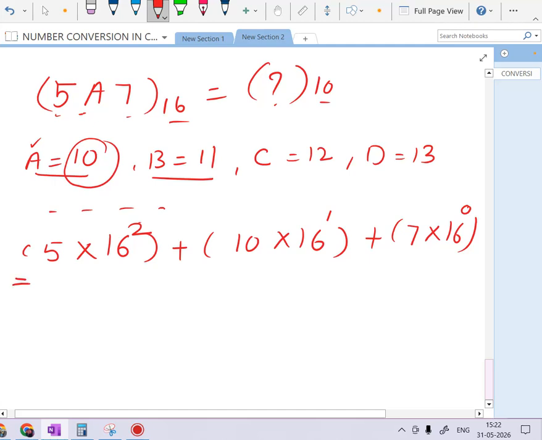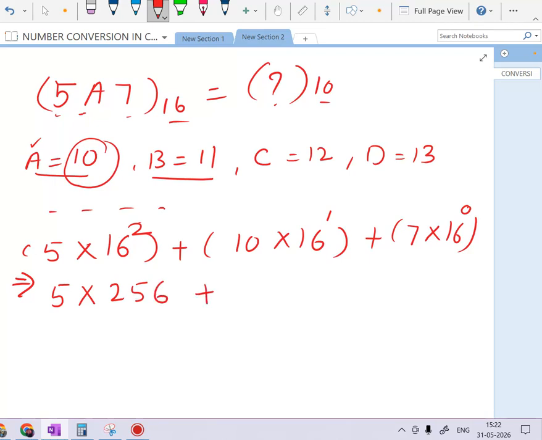Now what is the next step? Bigger number means more calculation. So here 5, if you solve it, what will you get? 16, you know the power is 2, so it is 256.